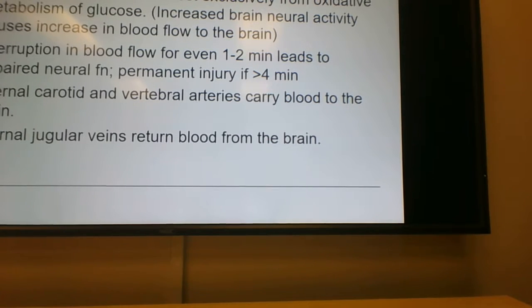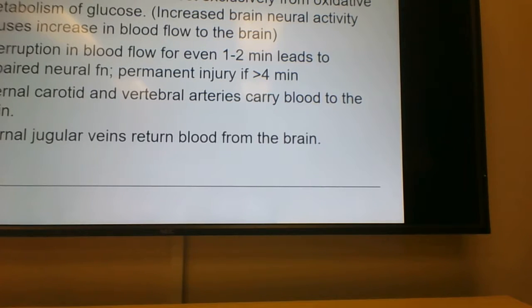But if we don't get enough oxygen and blood flow to the brain for 4 minutes, we will have permanent damage to the brain, and we can eventually die.